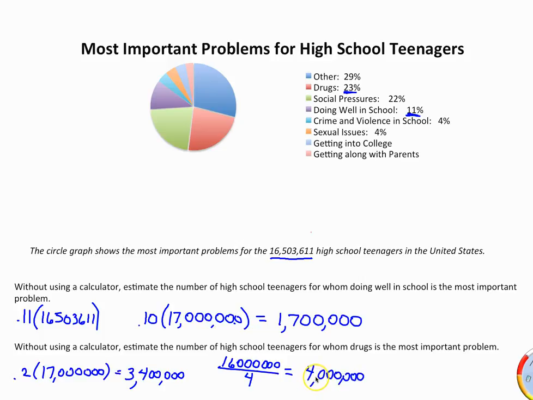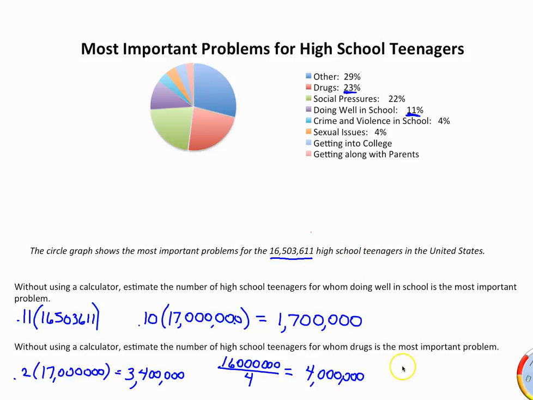So you might be asking, well, which way should I do this? Well, what's the correct way? And this is an estimation. As long as we use our good estimation techniques, the particular method you use doesn't matter. Let's see what the actual answer is. Let's see if we took 23%, let's pull out our calculator, of the 16,503,611 students.